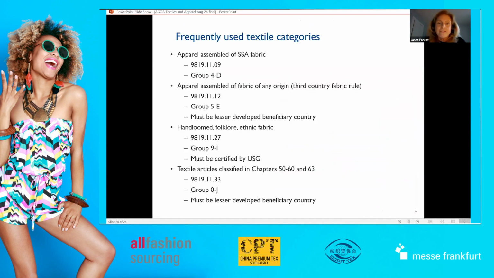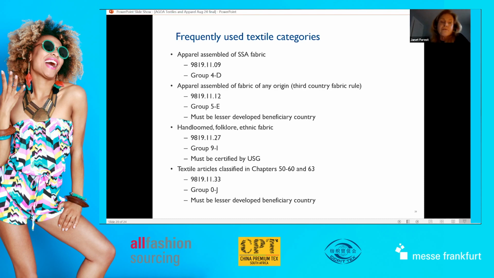So these are the most frequently used textile categories. Group 4D, and you can find that on that textile certificate of origin, is for apparel assembled of sub-Saharan African fabric.